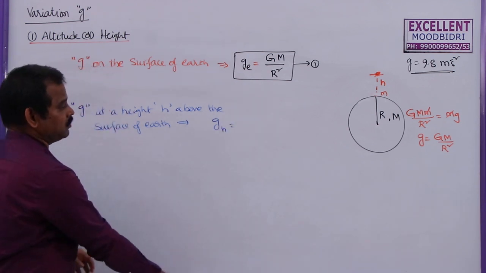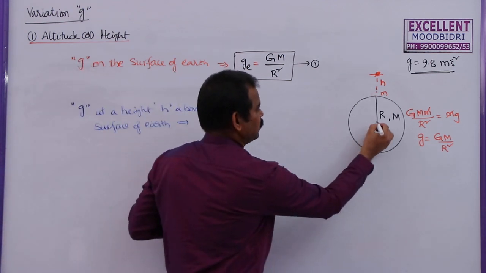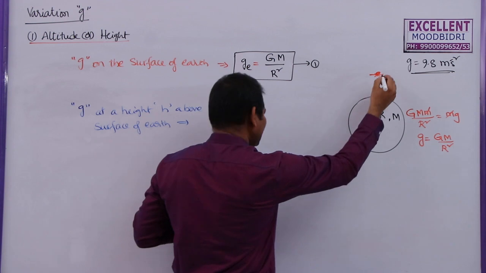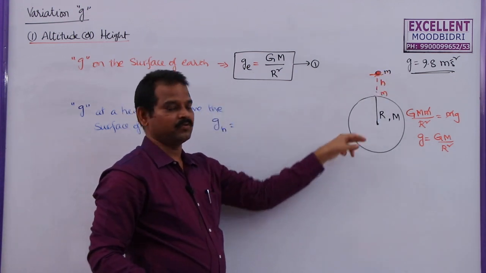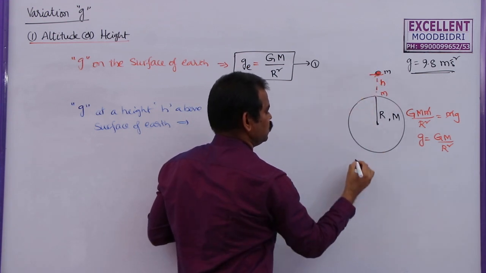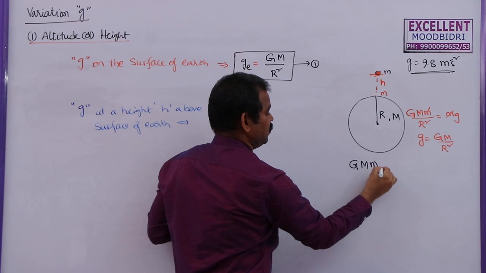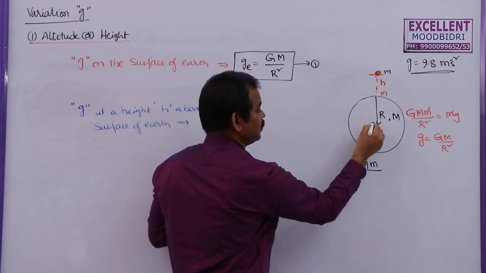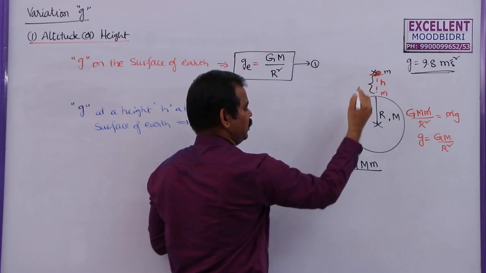Now if you take the same expression, what can we write? This is the center of earth. This is a body of mass m. What is the force of attraction between these two? The force of attraction between these two bodies is given by capital G, capital M is the mass of earth, small m is the mass of this body. What is the distance of separation between these two? From here to here R, from here to here h.